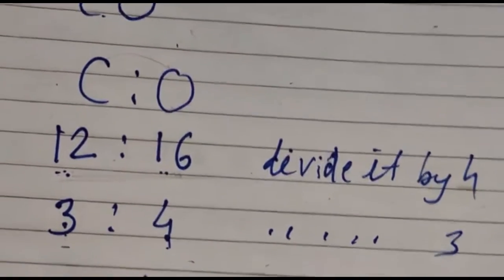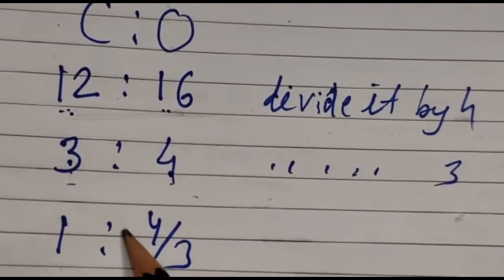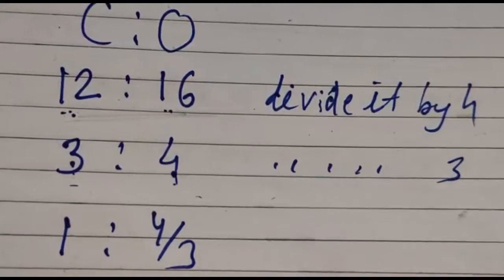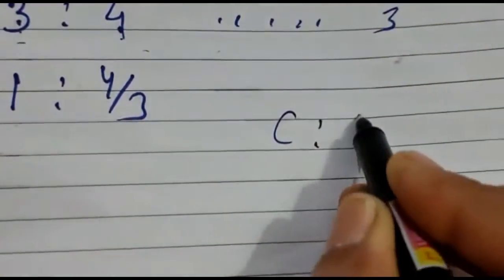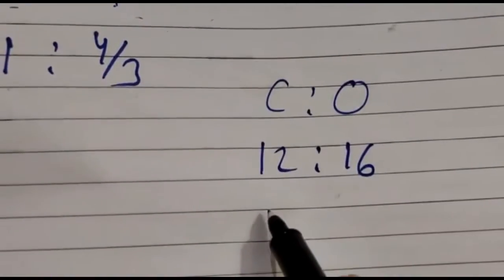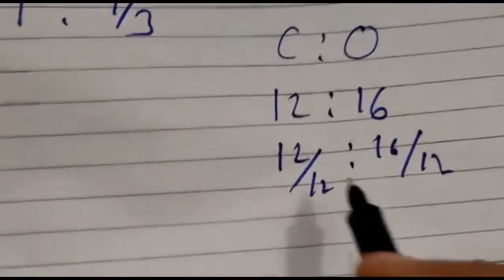And if we want to make carbon 1, we get 1 is to 4 by 3. If we want to convert directly, here is 12 and here 16, so dividing by 12, we get 1 is to 4 by 3.